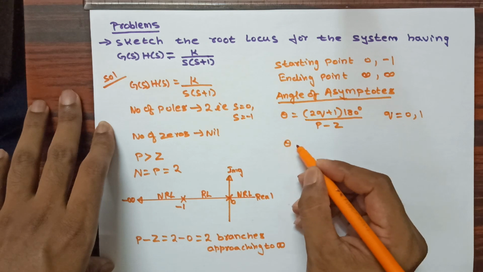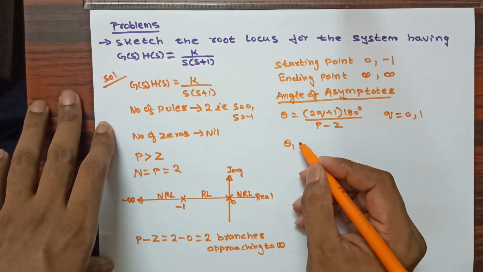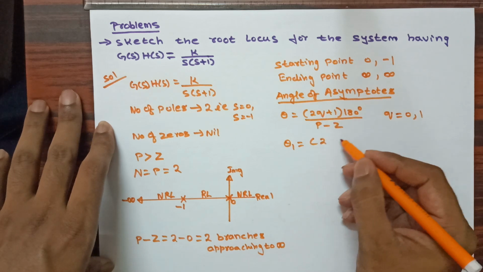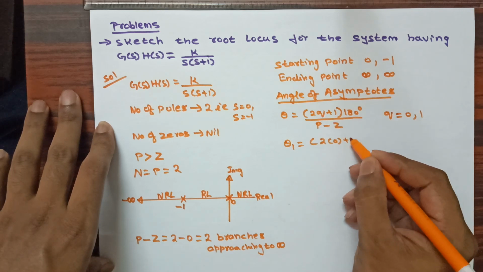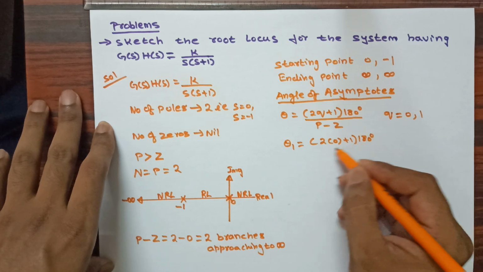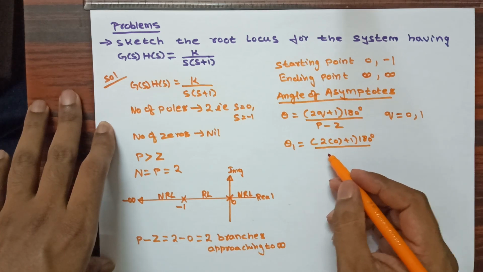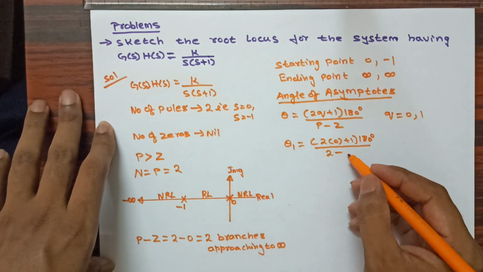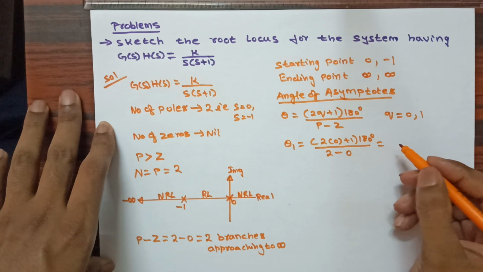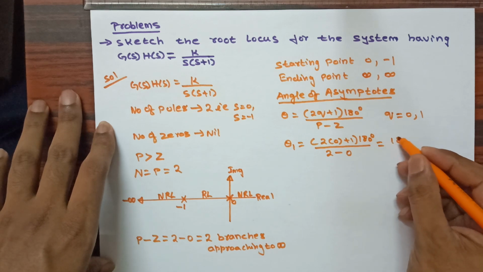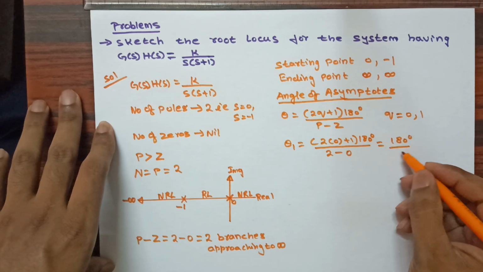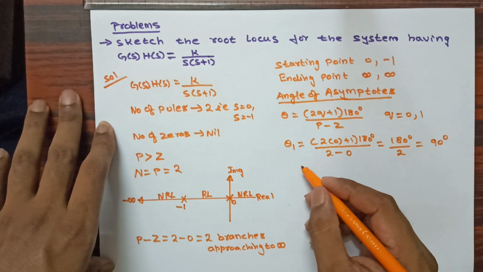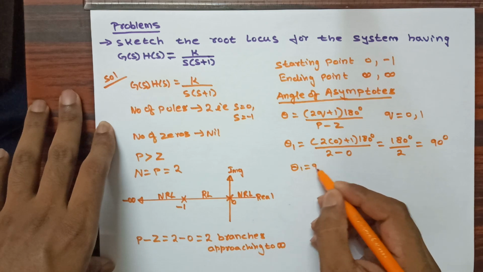First we substitute 0. Theta 1 is equivalent to (2 into 0 plus 1) into 180 degree divided by number of poles 2 minus number of zeros 0. This will be equivalent to 180 divided by 2, which is 90 degree. So theta 1 we got is 90 degree.